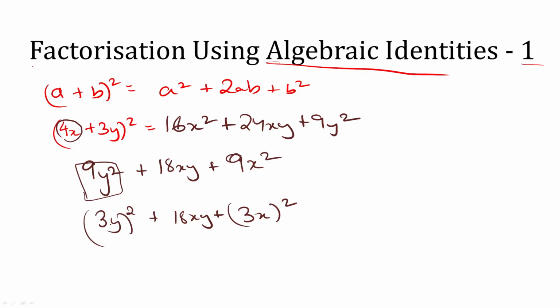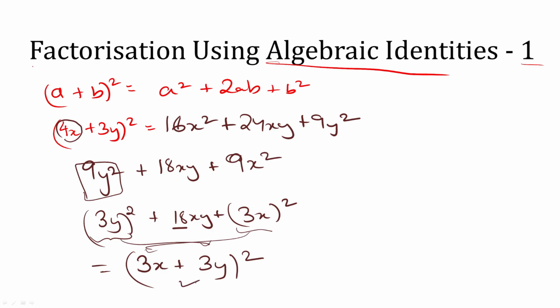Now we also need to check whether these add up. 3 times 3 is 9, and then times 2 is 18. So yes, this is correct. You can write this as (3x + 3y) whole square. Just write this and this, and we get our factorized form.